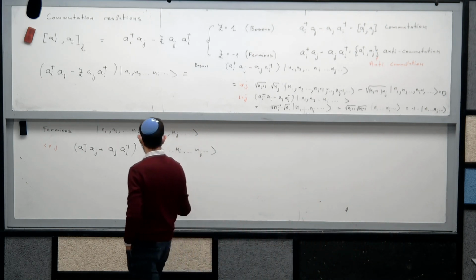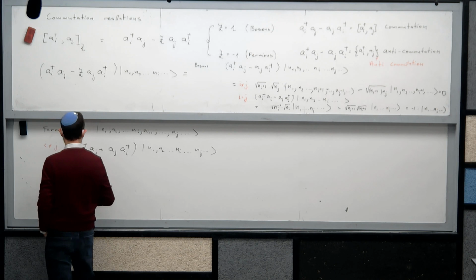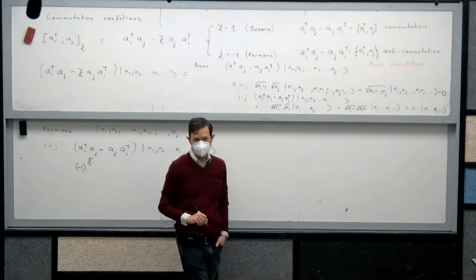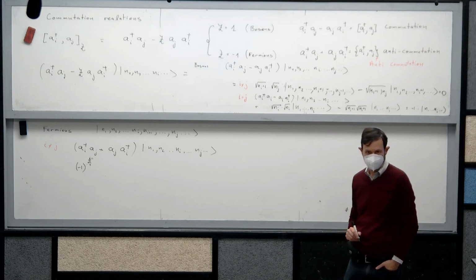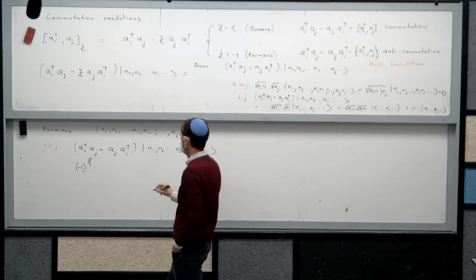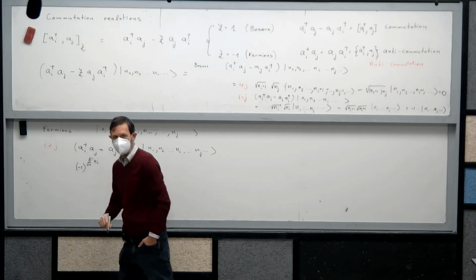Okay, so minus 1 to the power summation from 1 to j minus 1 of this.